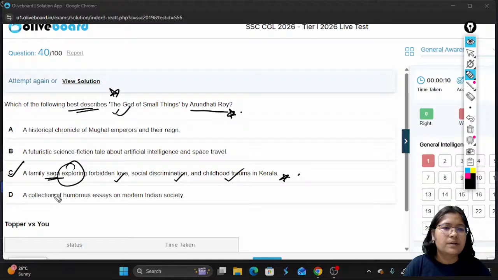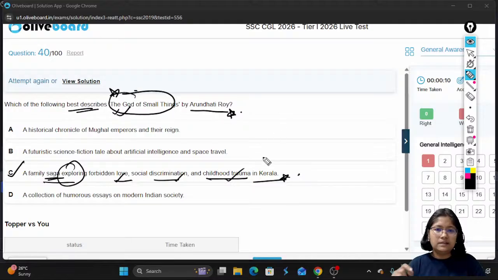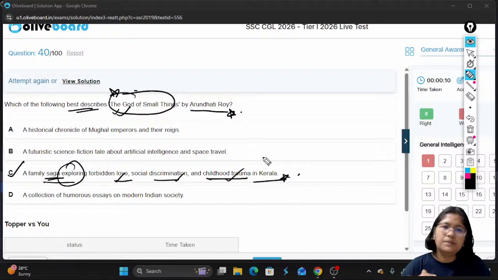So it is a family saga, forbidden love, social discrimination, and childhood trauma in Kerala. God of Small Things, right? And then another book based on South India and Muslim women is Heart Lamp, and that book was by Banu Mushtaq, that also got an award, and this also became very famous.